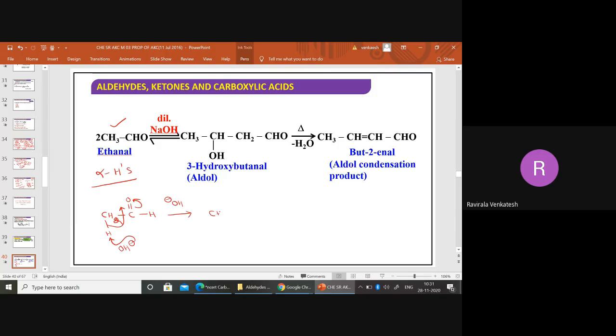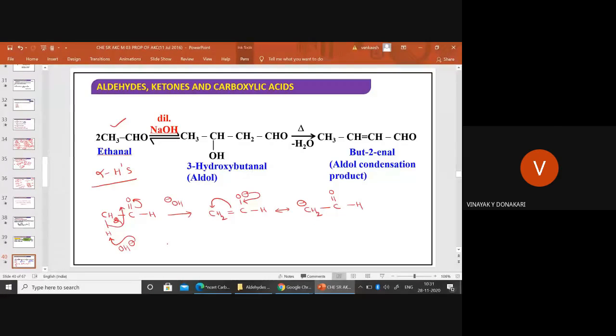You get CH2 double bond CO minus. Now if it shifts like this, we get a nucleophile generating, CH2 minus, C double bond O. Understood this conversion? Everyone understood this one?